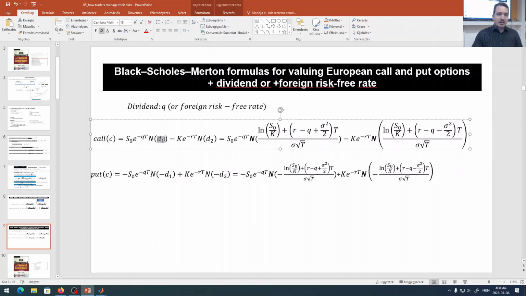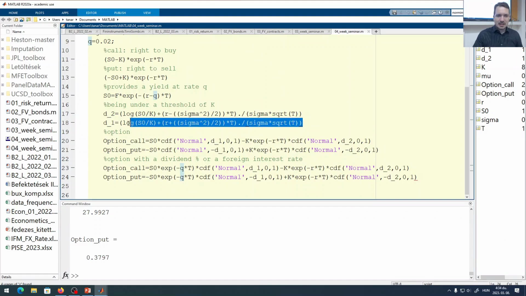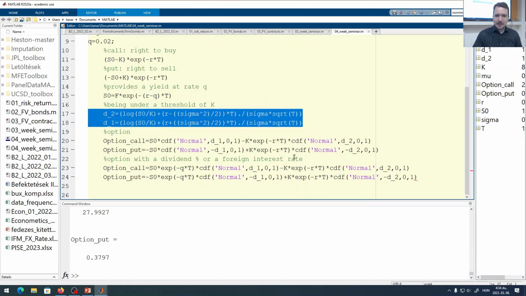But we have to think about the D1 and the D2 because they are absolutely affected by this trade-off between the growth of the asset on average and also the dividends and additional features. So that's why these must be corrected.